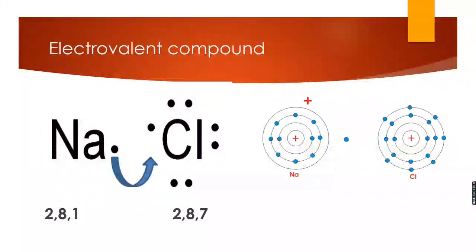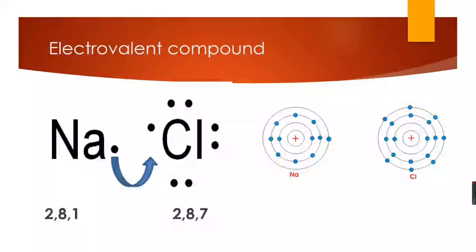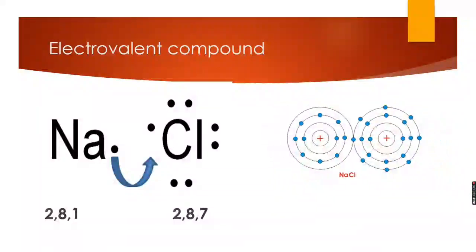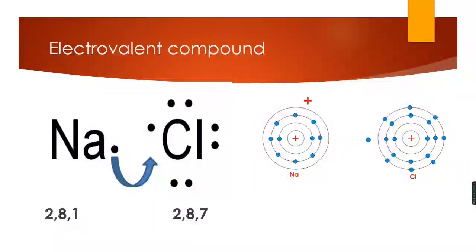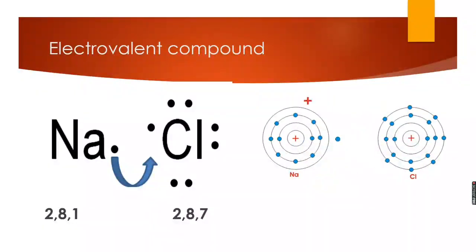So sodium stabilizes its electronic configuration by losing one electron, and chlorine by gaining it, and therefore they come together to form the sodium chloride compound. Here the sodium becomes a positively charged particle, whereas chlorine becomes a negatively charged particle.